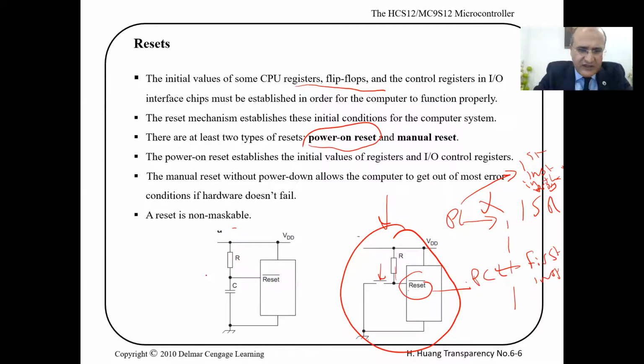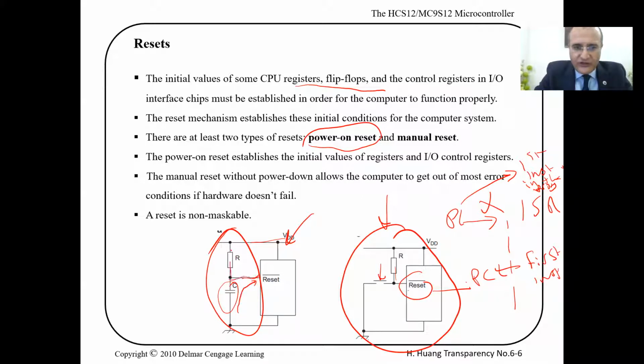So a circuit like this one could be useful. When you first power this, initially you're at ground, not yet risen to high. Okay, so you're at reset. When you power this, the RC circuit will cause this capacitor to start charging, right?